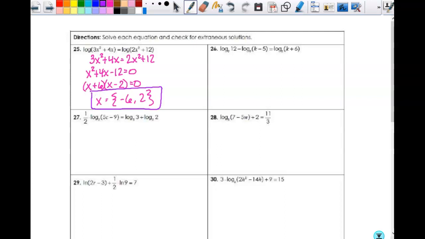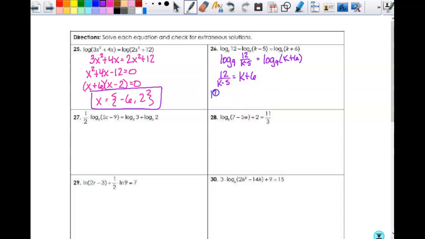So on number 26, I have to combine these first before I can use the 1-to-1 property. So this would be log base 9 of 12 over k minus 5 equals the log base 9 of k plus 6. Now I can use the 1-to-1 property, and 12 over k minus 5 equals k plus 6.